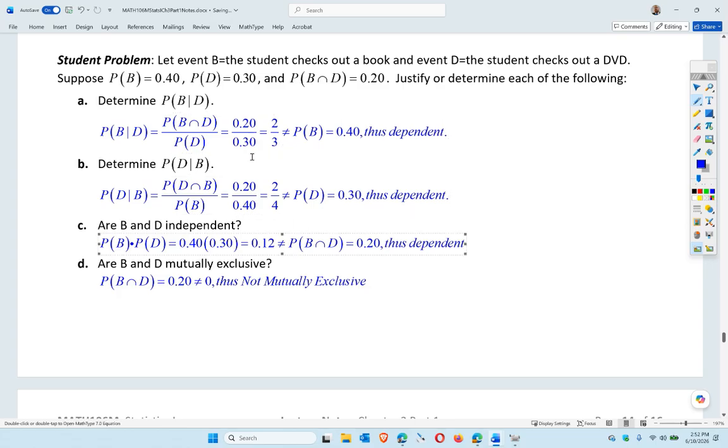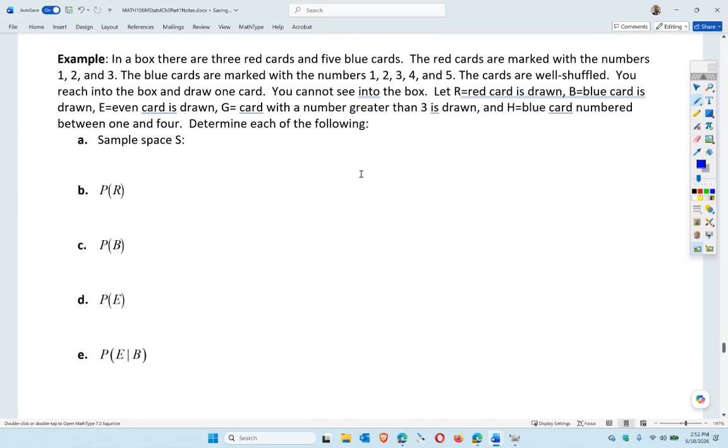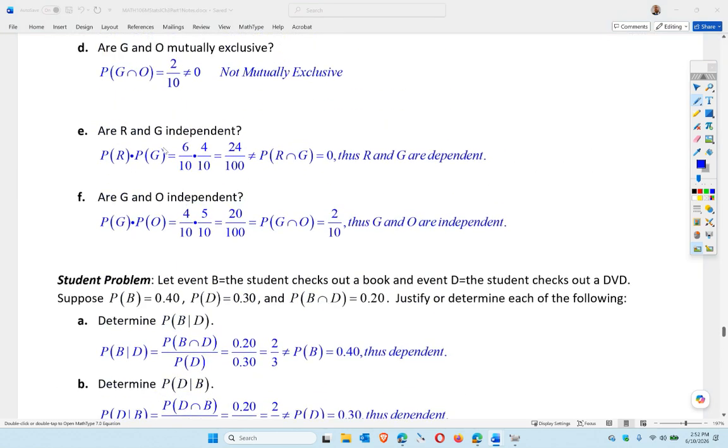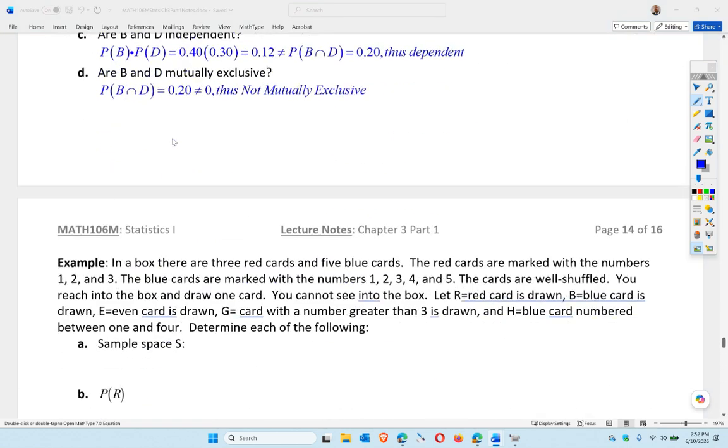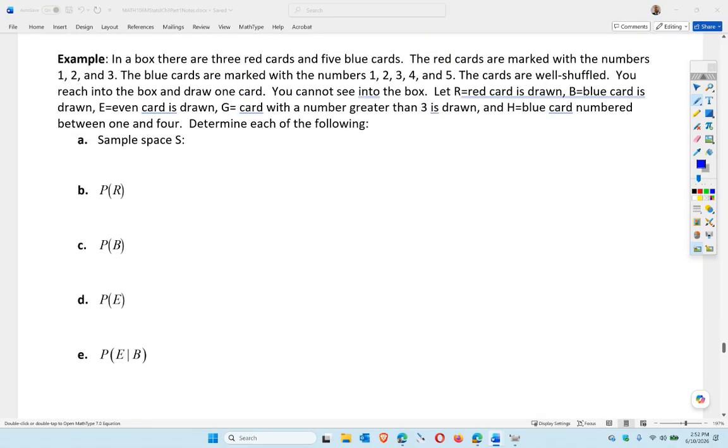Okay? All right, let's try one more scenario here. Okay, so you have a box that has 1, 2, 3, 4, and 5 for the blue, and 1, 2, and 3 for the red. So we'll switch it around the other way this time. Last time we did the number first and the letter second. We'll switch it up here, and now we'll do the letter first and then the number second.